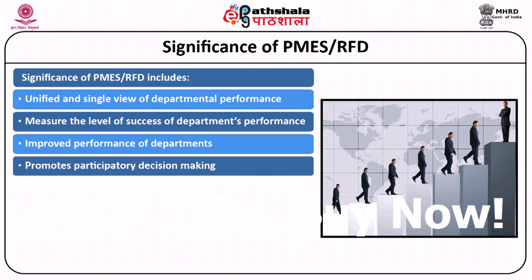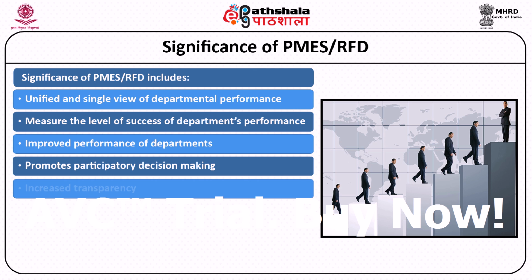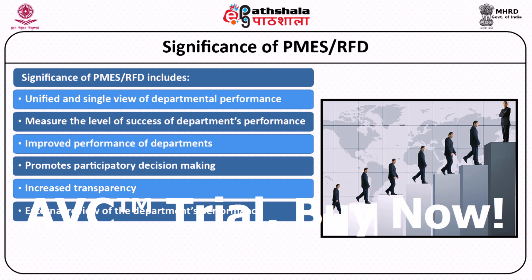Result framework documents are put on the websites of the ministries or the departments. It helps in bringing in more transparency. Every stakeholder of the department is aware of the objectives, the actions to be taken to achieve the objective, and the performance expected out of each functionary as well as each department. RFDs help in the external review of the performance of a particular department or a ministry.